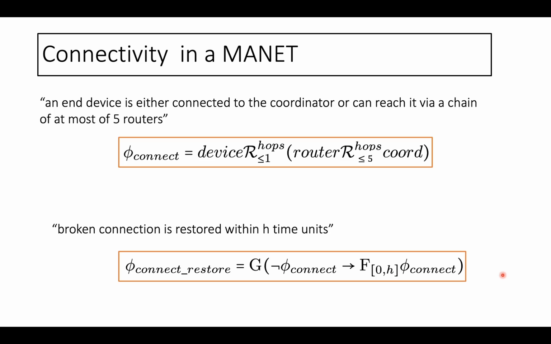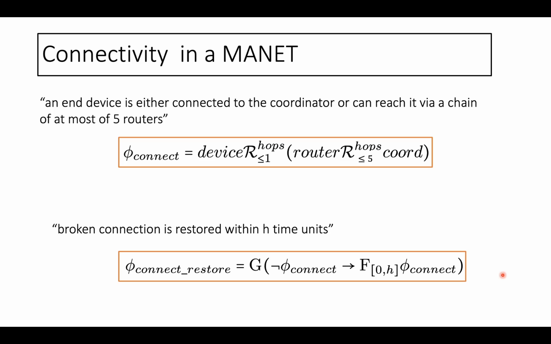One problem that this property can have is that we are not sure that this should be always true. It can happen that we have a connection that is broken, but the important part is that this is always restored within a certain time units, and this can be described by this second property.